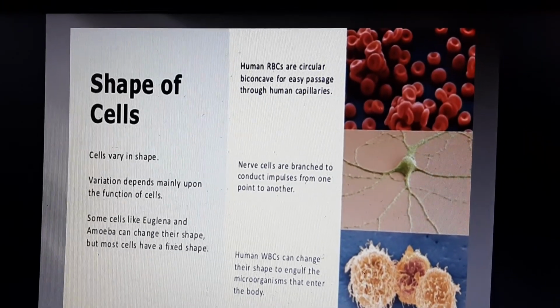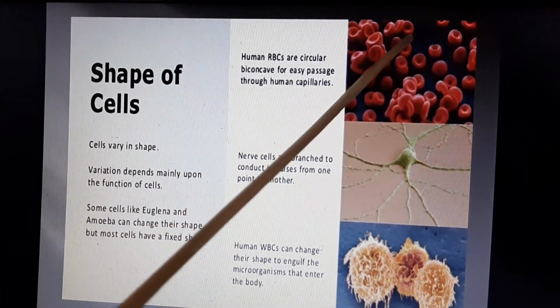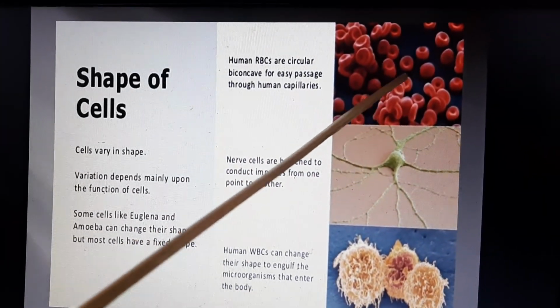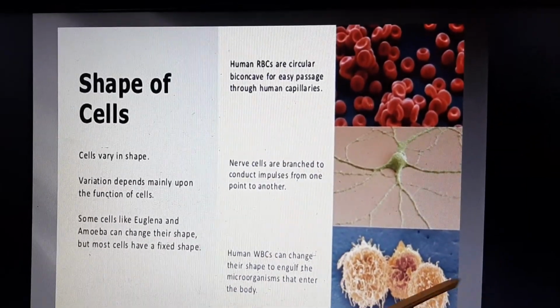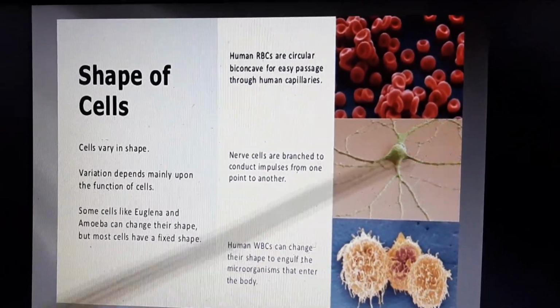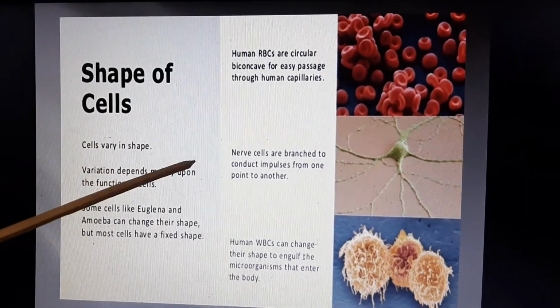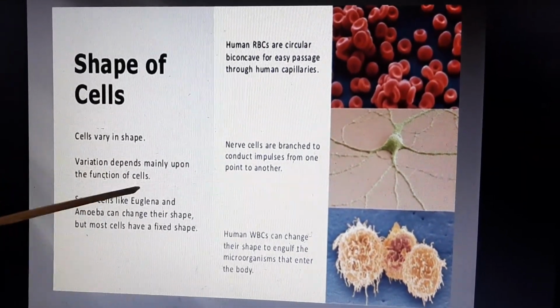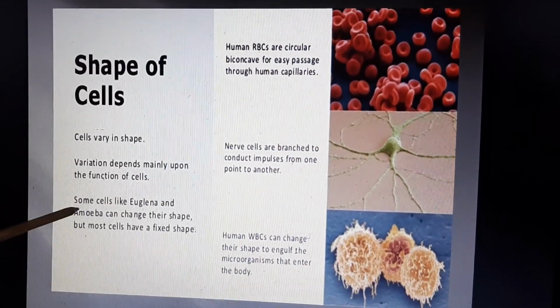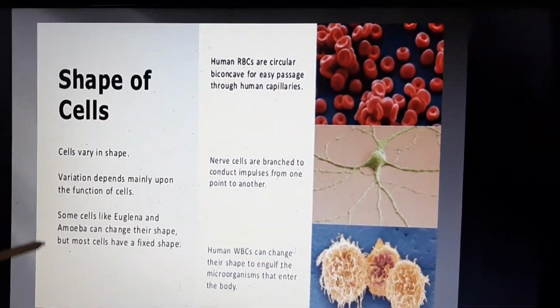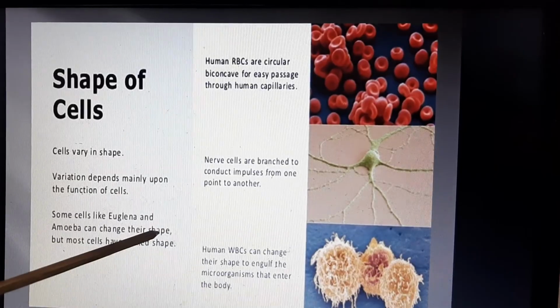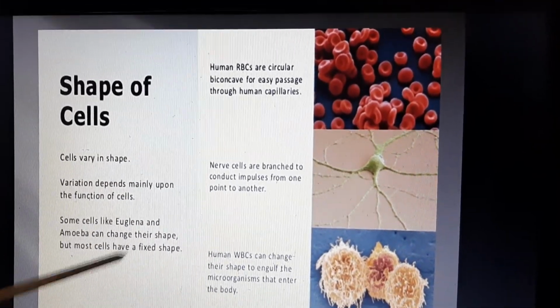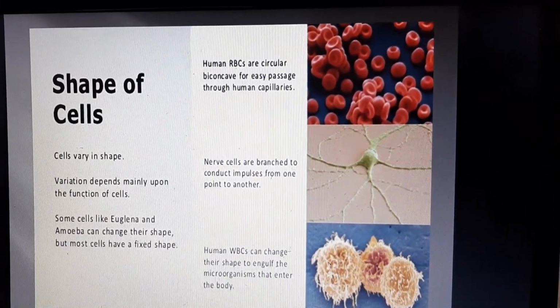You can see shapes of cells are there. This is human RBC, human red blood cells, then nerve cells, human white blood cells. Cells vary in shape. This variation depends mainly upon the function of cells. Some cells like euglena and amoeba can change their shape, but most cells have a fixed shape.